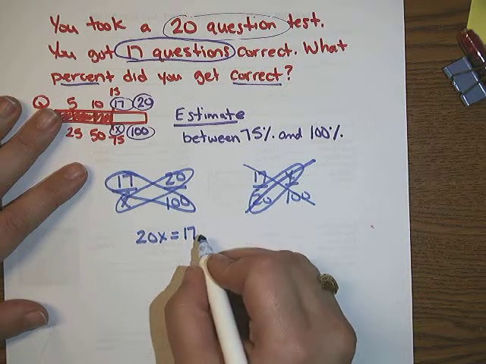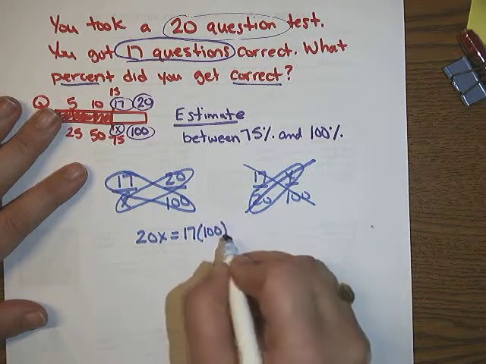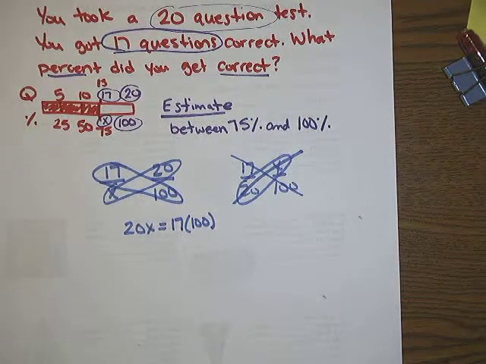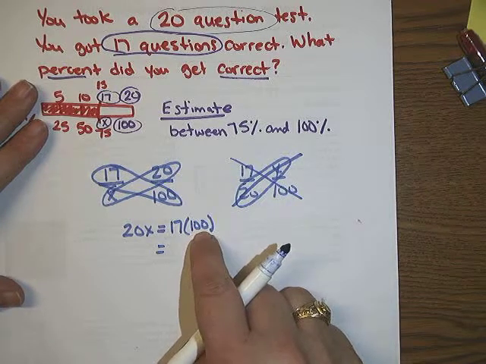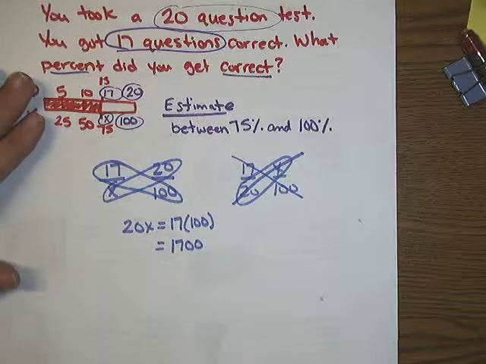So 20 times X equals what? 17 times 100. Those are cross products. Now, do you think I really need to multiply out 17 times 100? Who knows a trick? What can you do, William? Add how many zeros?